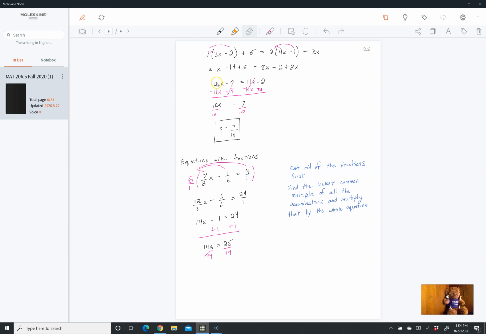This does not reduce, right? They don't have a common factor. So we just say that x is equal to 25 over 14. Okay, and that's our final answer.